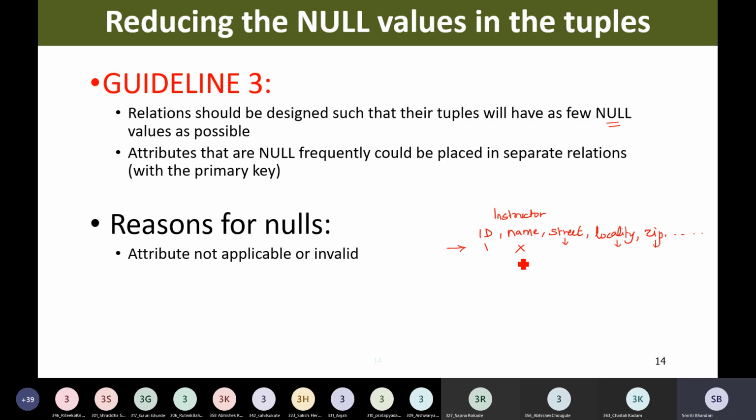It may happen, right? Meaning that these attribute values are applicable for a few of the tuples and are not applicable for a few other tuples. So if they are not applicable for some tuples, then we should put a null value here.